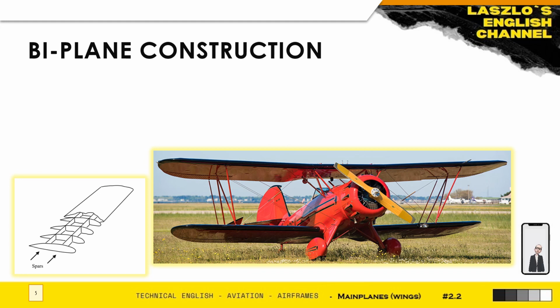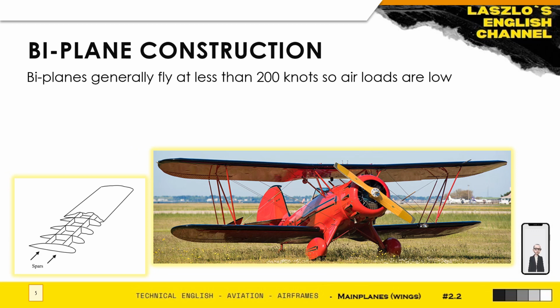So very few biplanes fly at more than 200 knots in level flight, so the air loads are low, which means that a truss type design, hopefully you remember that from the previous lesson, which is covered in fabric is usually satisfactory here.